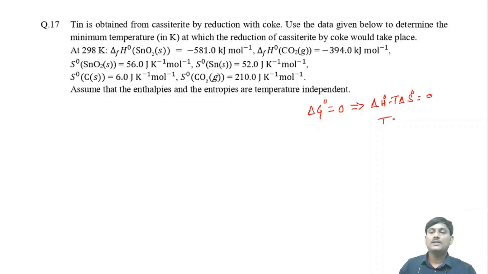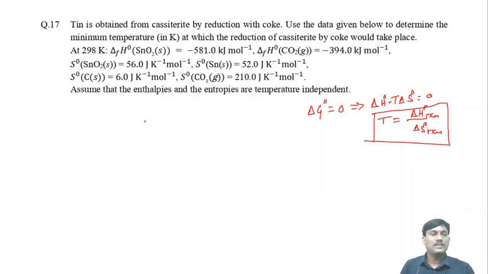Finally, T is equal to delta H naught by delta S naught of reaction. So this is the equation to get the minimum temperature at which the process will take place.